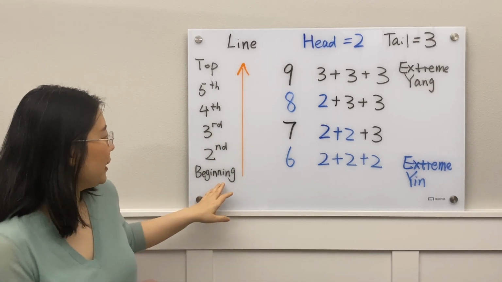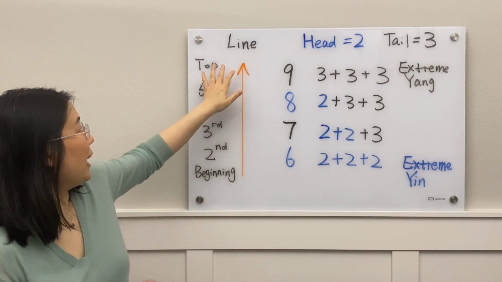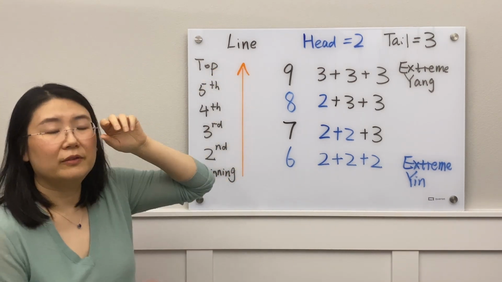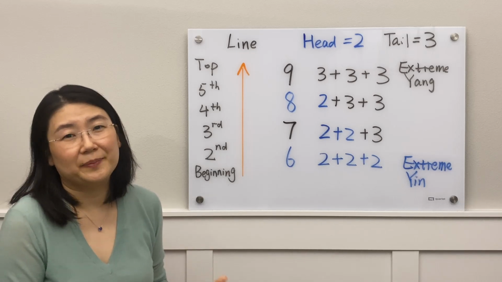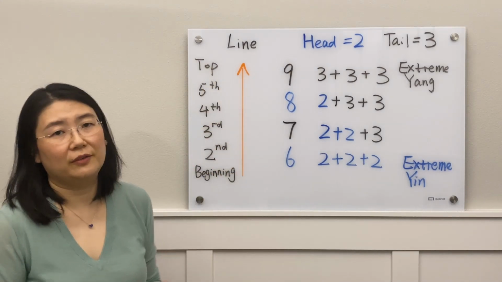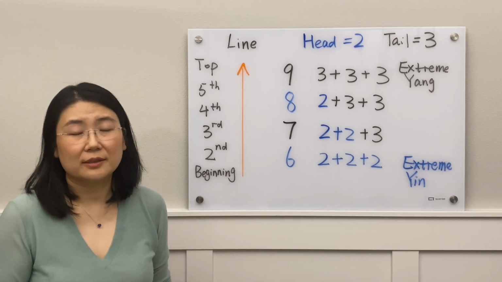That's why, because of the importance of these two lines, they have different names, called beginning and the top, versus the first and the sixth line. So that's a quick structure overview of any of the 64 hexagrams.